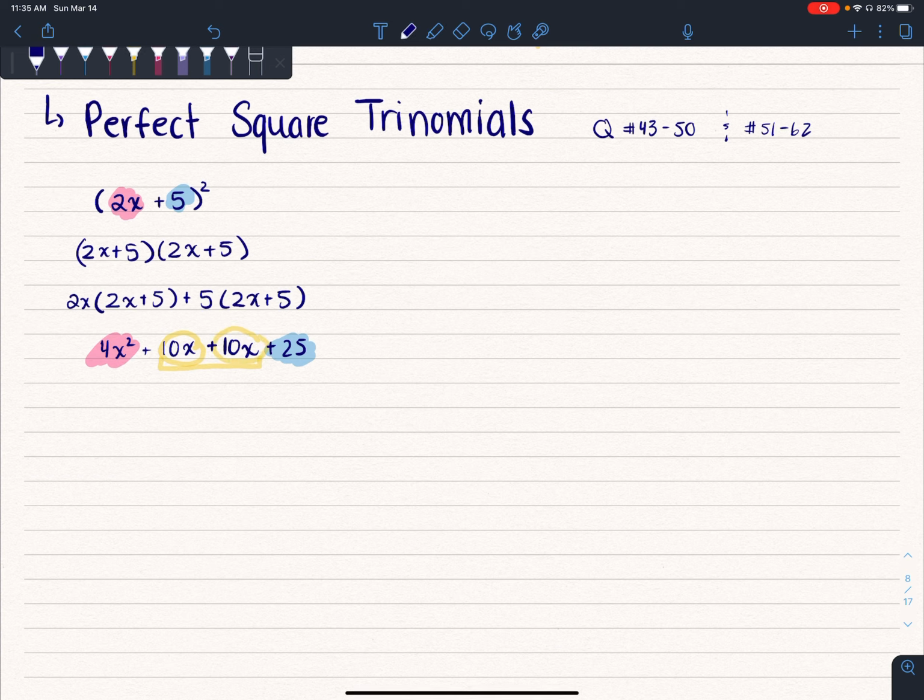So we have 2 of our 2x times our 5. That's what happened here: we got exactly 2 of these multiplications, 2x times 5. And that ends up being simplified as 4x squared plus 20x plus 25.